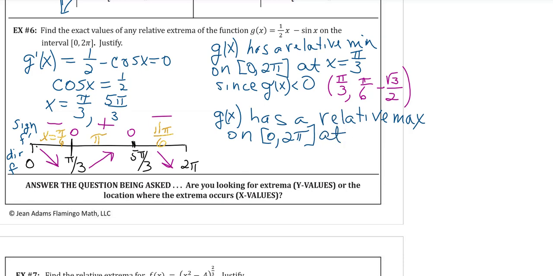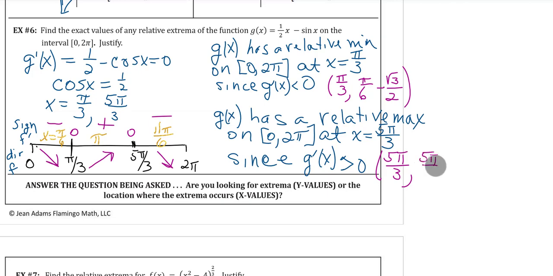At x equals 5 pi over 3, since g prime of x changes from positive to negative, my point is going to be 5 pi over 3, and you get almost the same y value, 5 pi over 6 plus square root of 3 over 2, because you have sine there, and sine's negative in the 4th quadrant. Okay, so there's the answer for number 6.